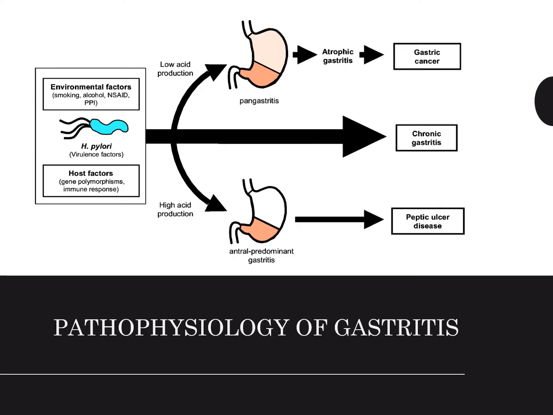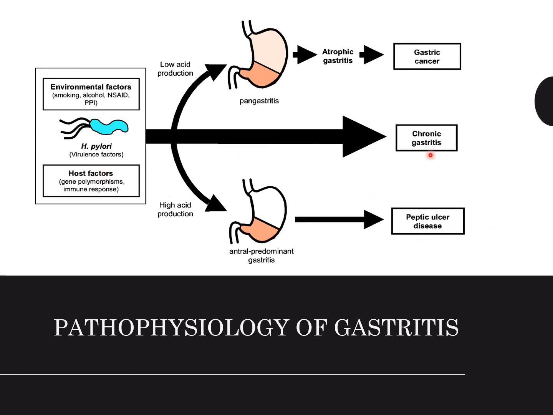Okay, pathophysiology of gastritis. If there is low acid production, we call it atrophic gastritis. It will cause gastric cancer. If there is high acid production in the stomach, we call it antral-predominant gastritis, which will cause peptic ulcer disease.